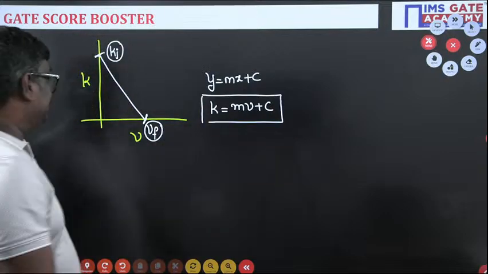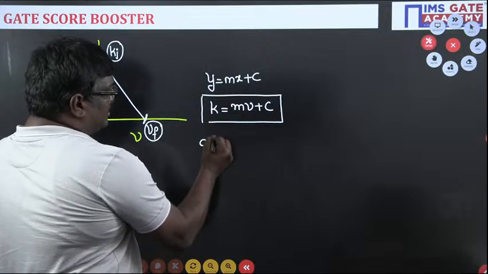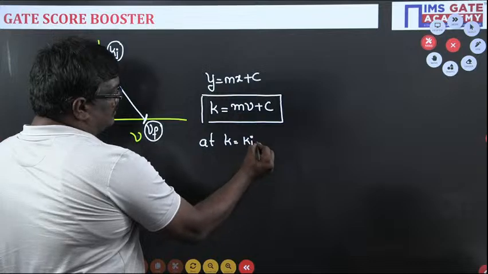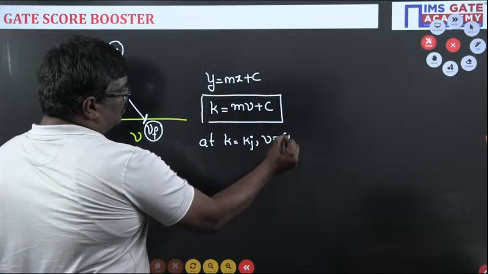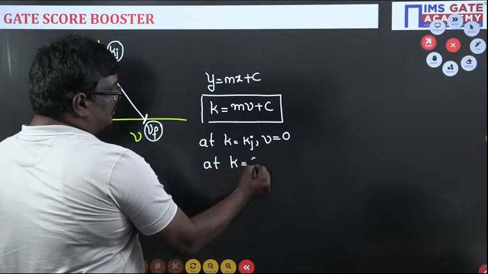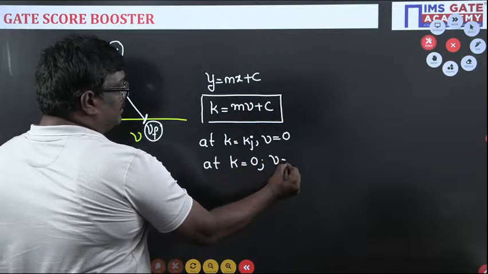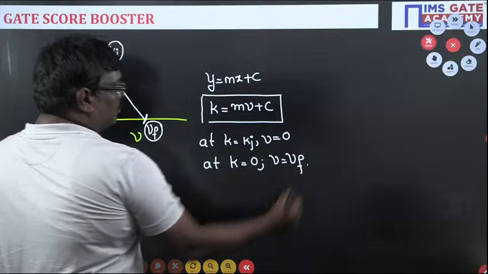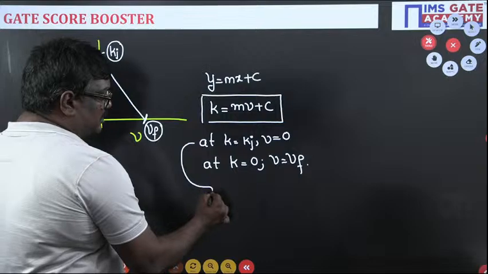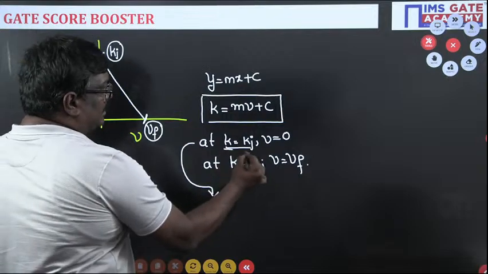Now see students, at k is equal to kj, jam density, v will be 0. And at k is equal to 0, v will be equal to vf. Okay. Now if I apply equation 1 at k is equal to kj, what is v?